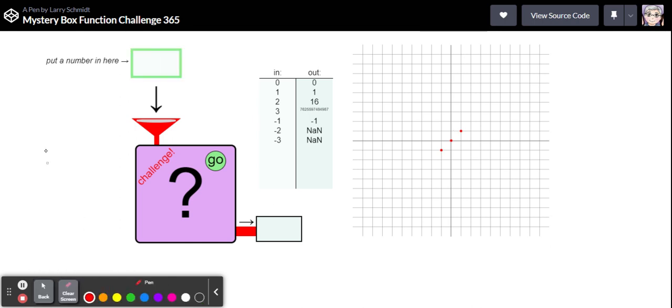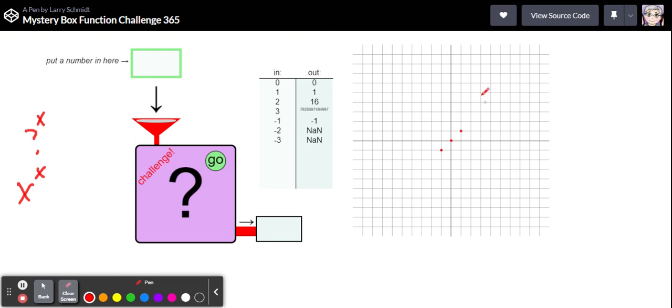That immediately makes me think exponential, so something to the x. And actually, we saw with x to the x some problems with the negative numbers. There were lots of undefined values over on the left side of the graph for taking square roots of negative numbers. So maybe we've got something to do with that going on here.